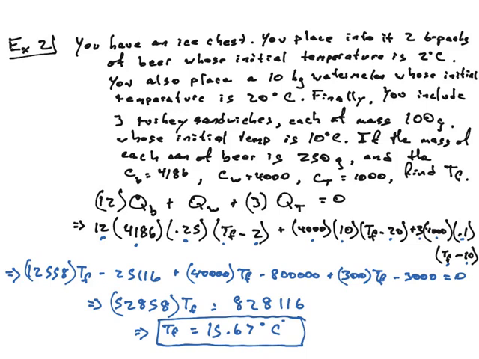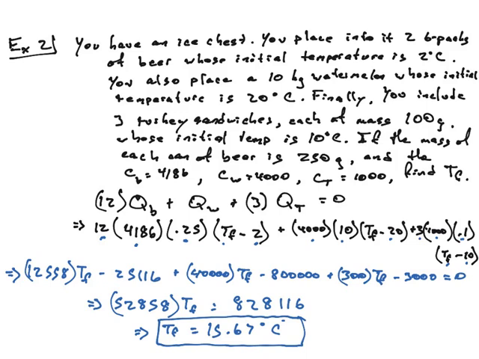But here you can see, even a complicated system with a whole bunch of different pieces, all at different temperatures, all with different specific heats, you're still solving it the way you solved everything else. You just have to be more organized and careful to make sure all the pieces are correct, you're including every piece, you've factored in the fact that there's 3 turkey sandwiches, not just one, or there's 12 cans of beer, not just one, and all this kind of stuff.